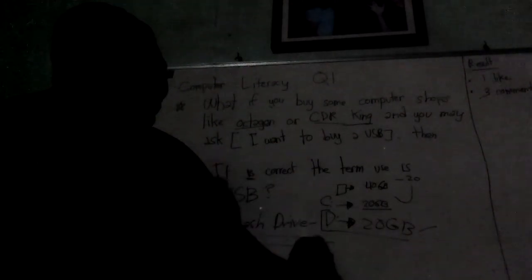And then in this scenario, you insert your flash drive into your computer as well. What will happen? It will display as drive E, not drive D. Therefore, a flash drive depends on what drive letter is available.